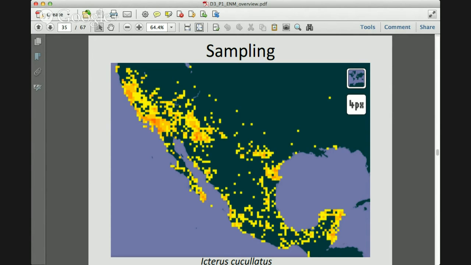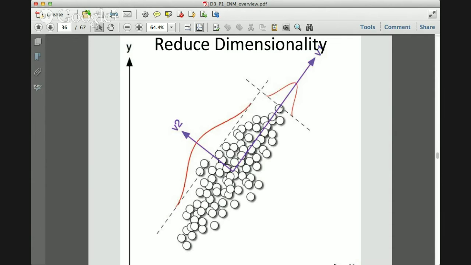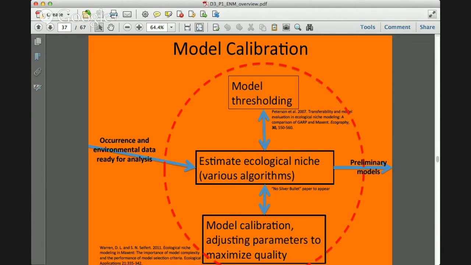So taking into account sampling and sampling intensity in these models is very crucial. And then last comment on this panel is the idea of reducing dimensionality. And this is essentially creating simpler environmental spaces, maybe using principal components analysis, so that your modeling challenge is easier.